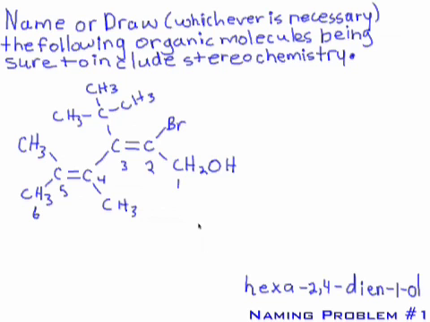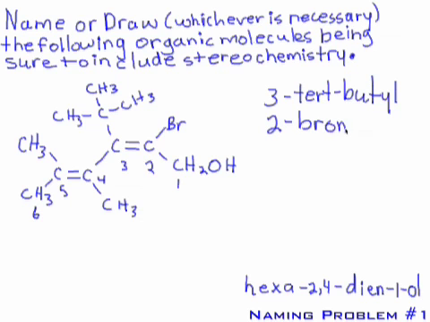As far as substituents go, we have this alkyl group off of 3. The name of the alkyl group is tert-butyl, so we have a 3-tert-butyl. Off of carbon 2, it looks like I missed a bromo. So we have a 3-tert-butyl, a 2-bromo. And then off of carbon 4 and 5, we have methyl groups, so we have a 4,5-dimethyl.